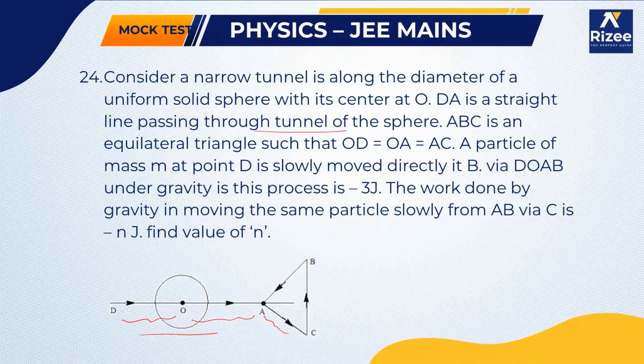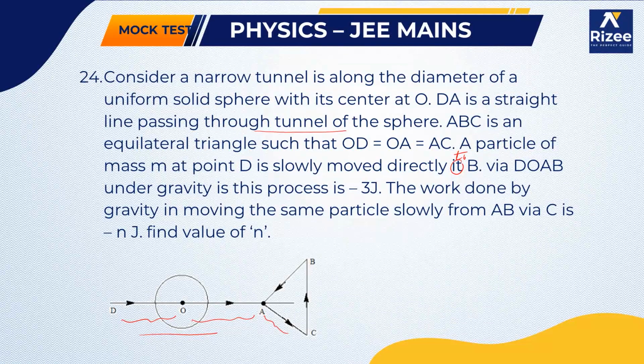A particle of mass m at point D is slowly moved directly to B via DOAB under gravity.